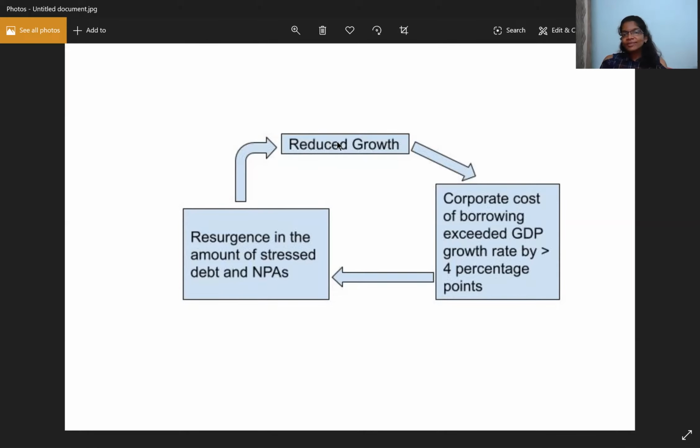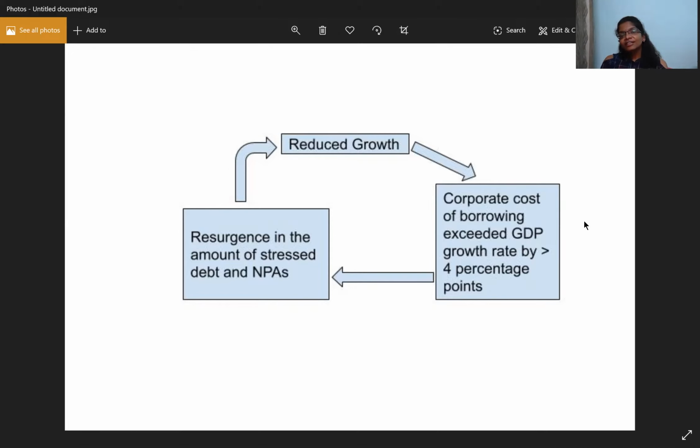And once the GDP has fallen, the difference between the cost of borrowing and the GDP has increased by more than 4 percentage points. What this means basically is the debt and the interest pressure has increased much more than the revenue generated by a company. At least the stable companies, not the growing ones as such, but the stable companies in the economy.